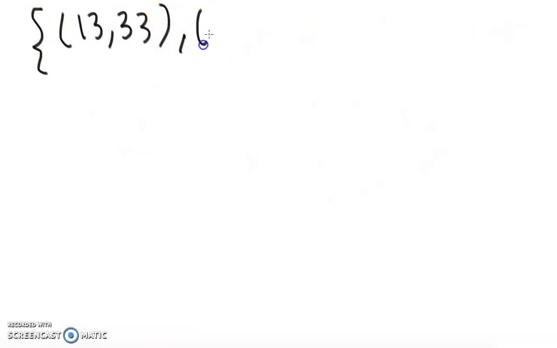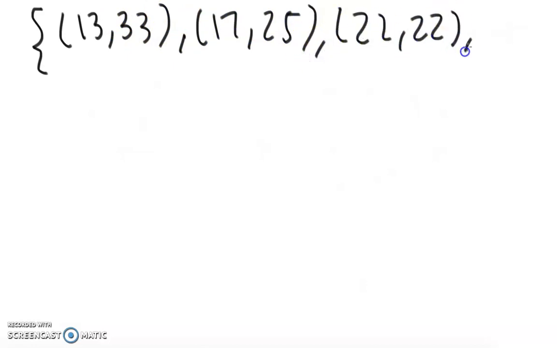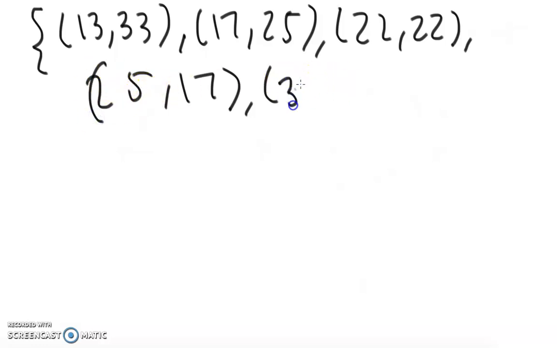Right now we are given a bunch of coordinates: 13, 33; 17, 25; 22, 22; 25, 17; 33, 17.